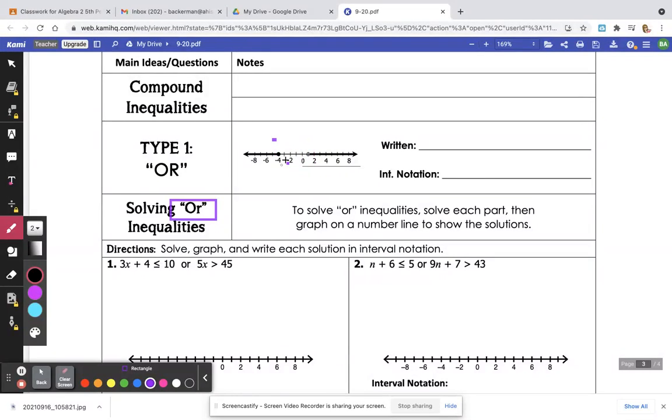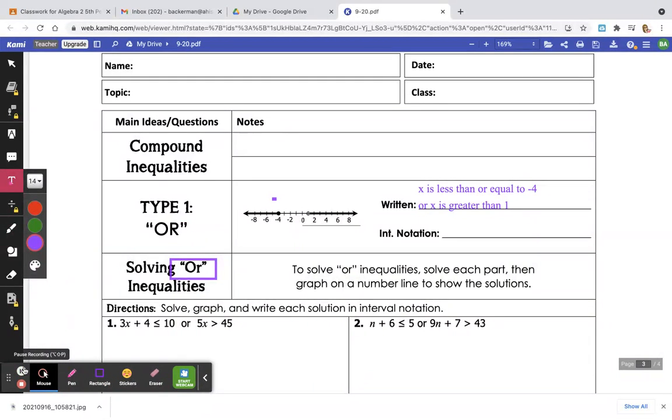And so because there's that blank spot, it's going to be this inequality or this inequality, okay? Okay, so type 1 is OR. This is written as x is less than or equal to -4, or x is greater than 1.